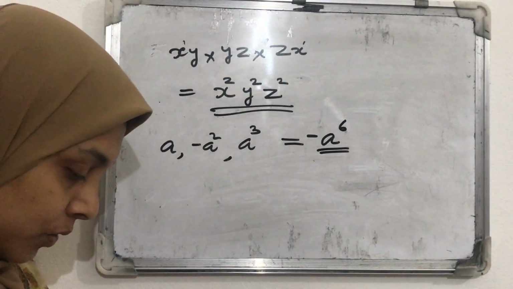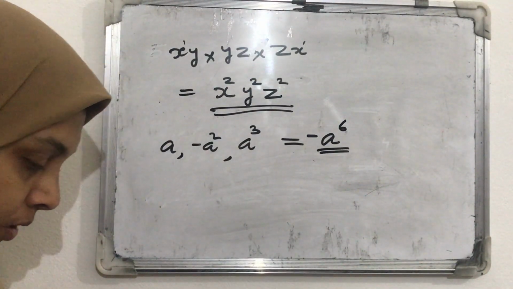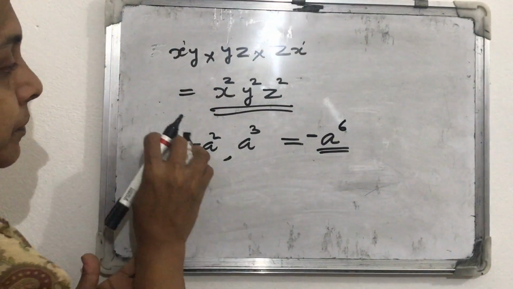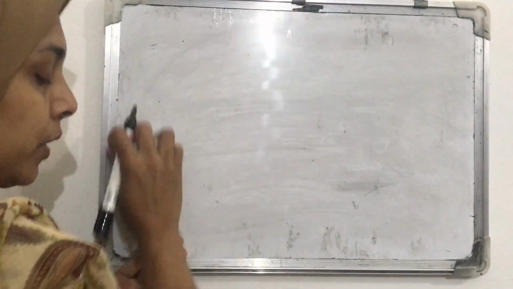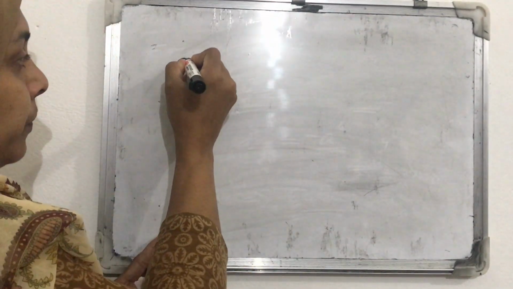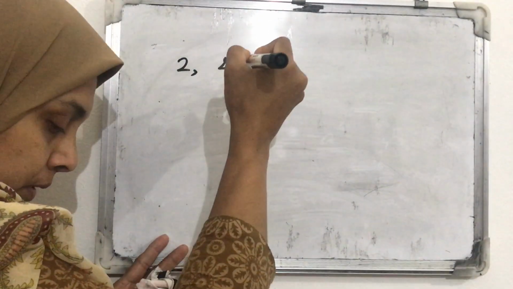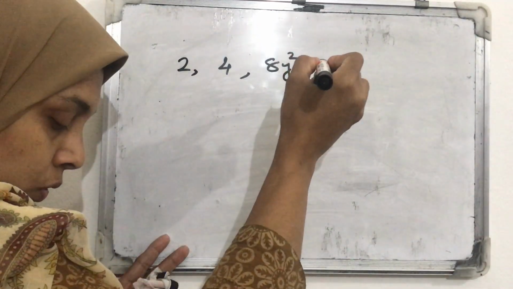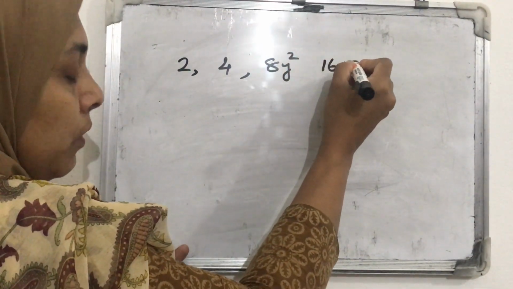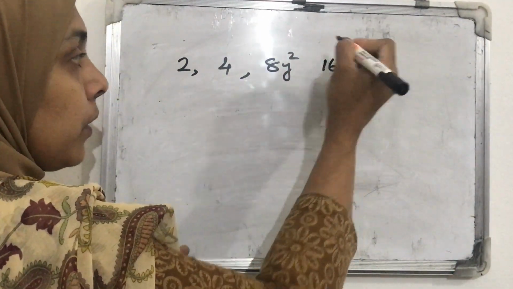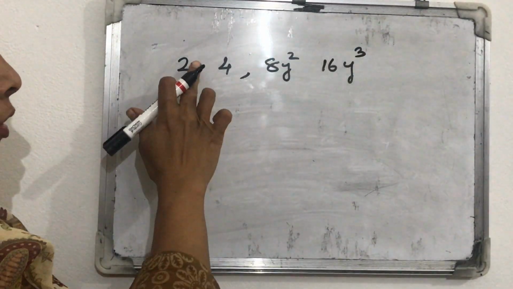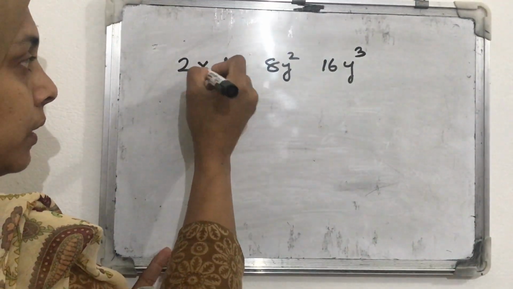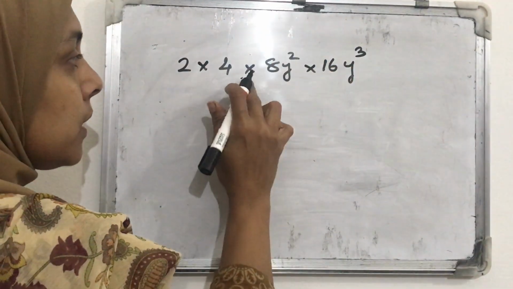Okay. Then another question. Find the product of 2, 4, 8y square and 16y cube. So here also we want to find out the product, and for finding the product we can use the multiplication sign.